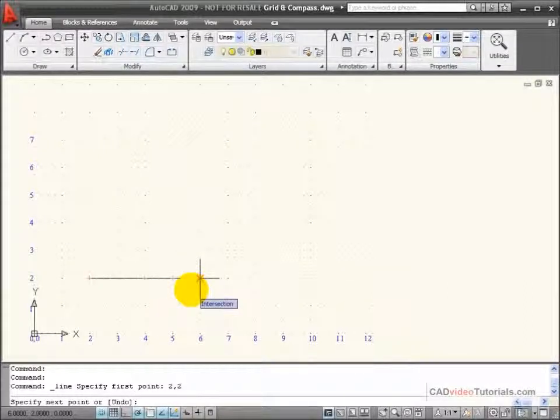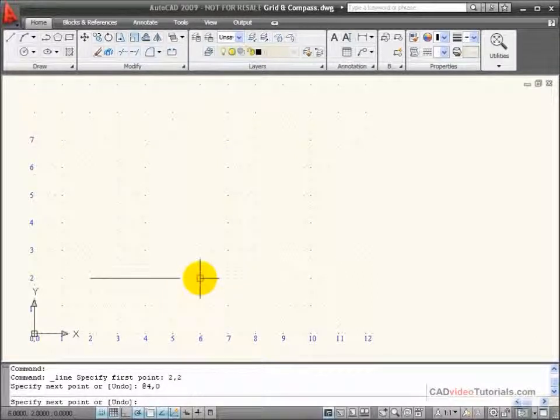To let AutoCAD know that I'm going to enter a relative value, I use the @ symbol. This is Shift 2 on the keyboard, which gives you an @, which to AutoCAD means relative. Relative to that last point, I want to move 4 on the x and 0 on the y.